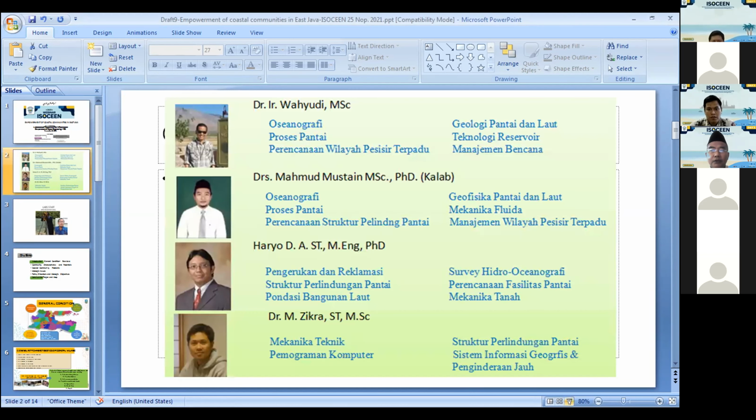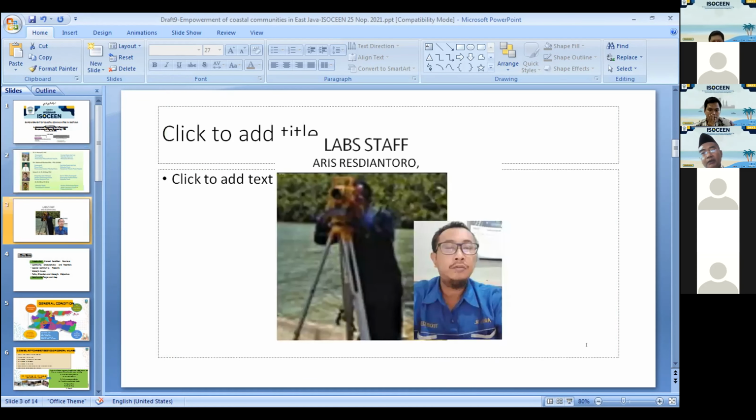This is the personnel of my laboratory: Mr. Wahyudi, Mr. Haryo, and Mr. Zikra. And I have one staff in my laboratory, Pak Aris Krisdianto.